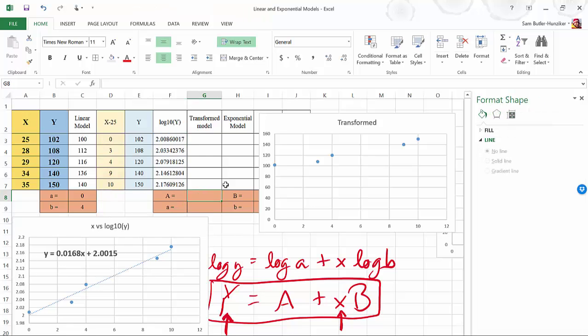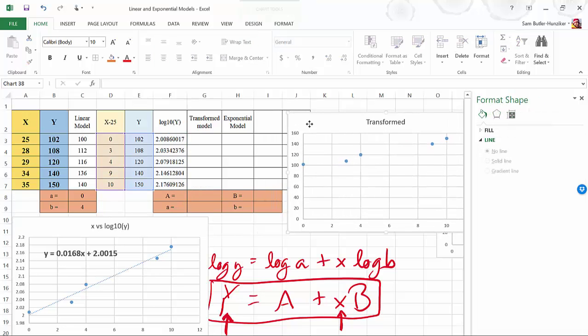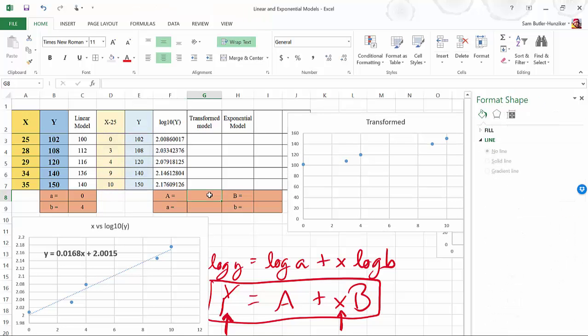So I'll type these in here. Big A is the y-intercept, that's 2.0015, and big B is the slope, or 0.0168.